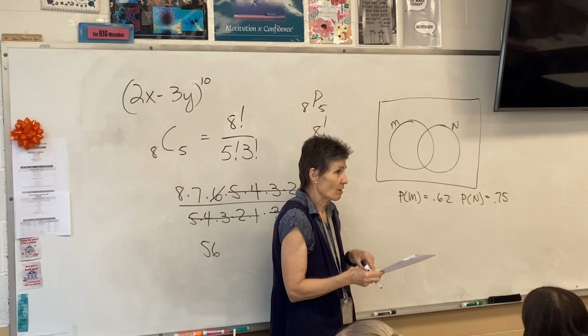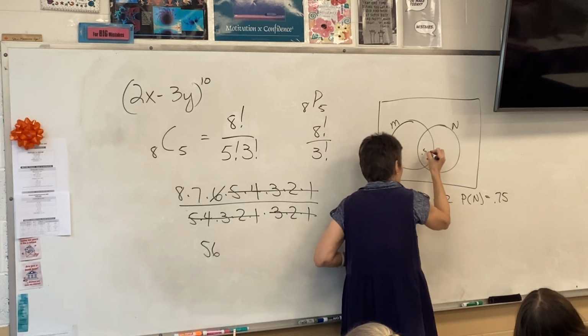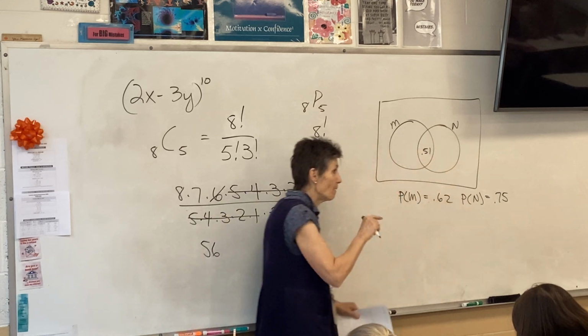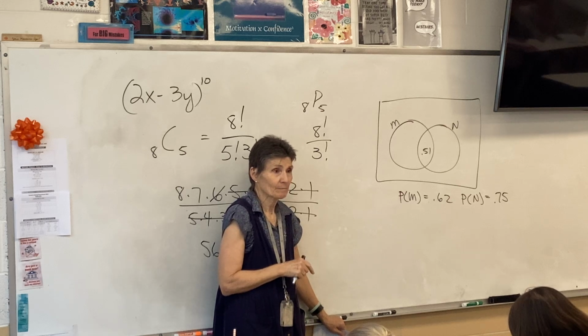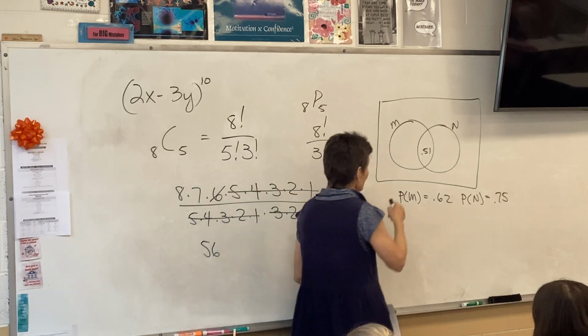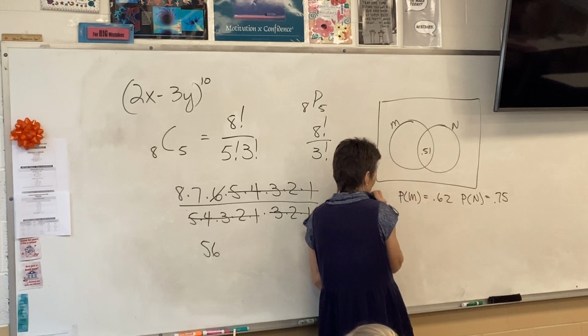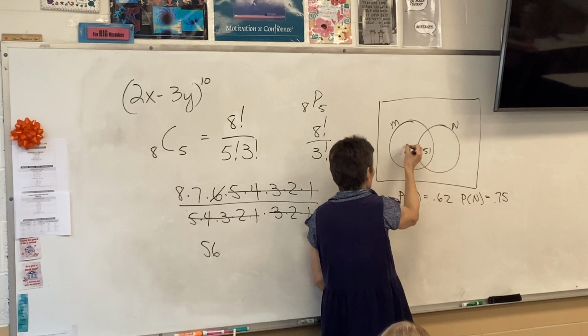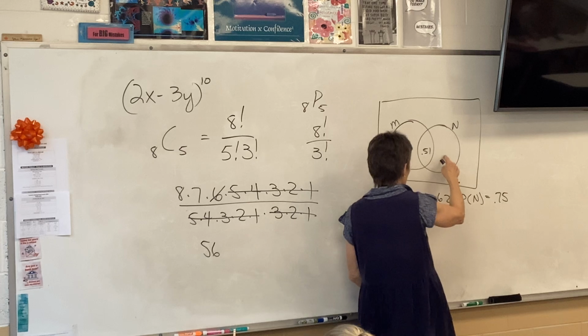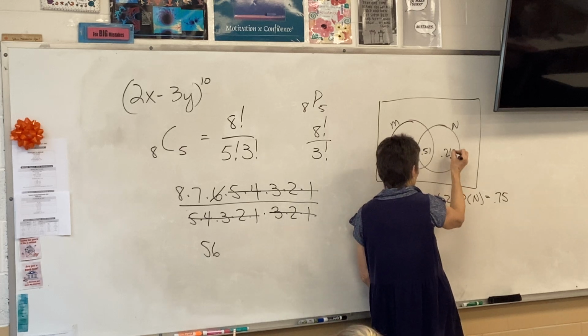And that's where we start. That's right here. That's both M and N. Then we can fill these in. So what would this be right here? 0.11, yep. And what would this be? 0.24.